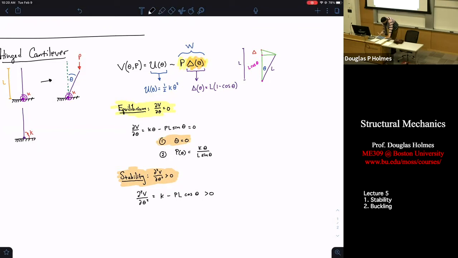So if we choose theta equals 0, why are we picking this one? Well, that's where it started. So we might as well start with the configuration that it started in and say, what happens if I start here and start loading on it? If theta is equal to 0, cosine theta becomes 1, and then I am left with K minus PL equals 0. I can solve for P.